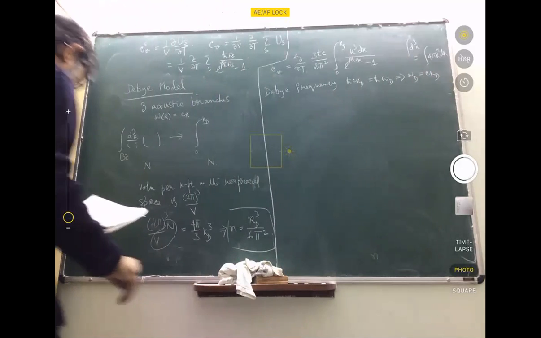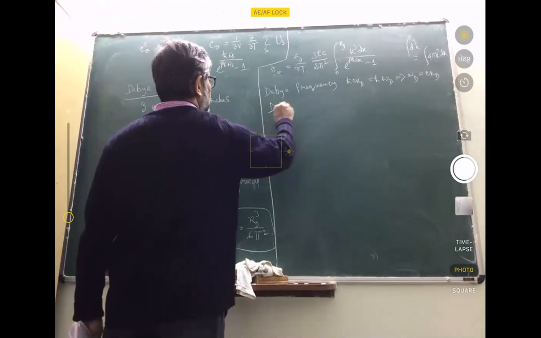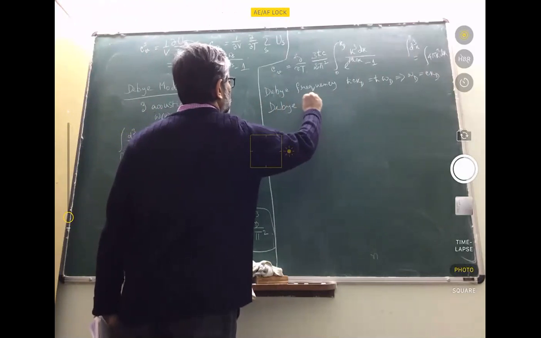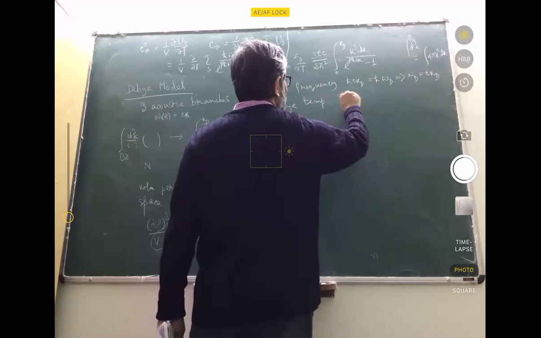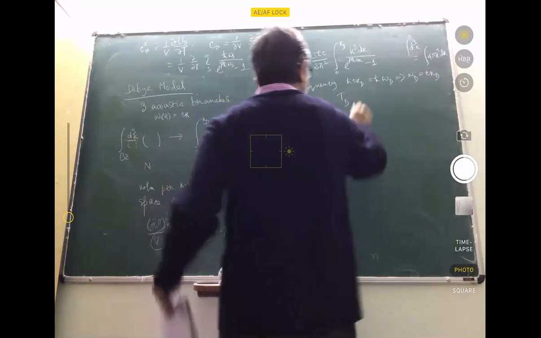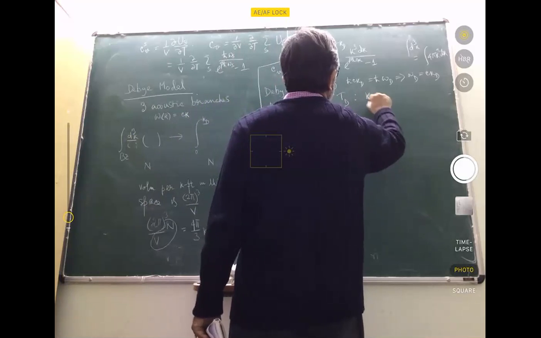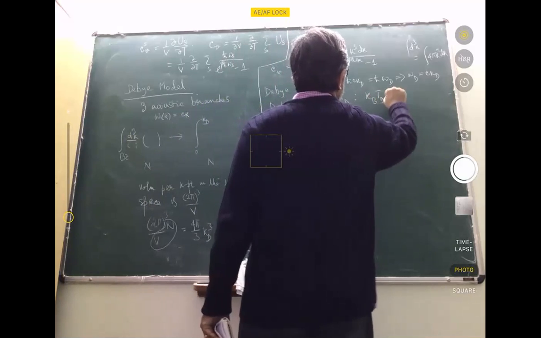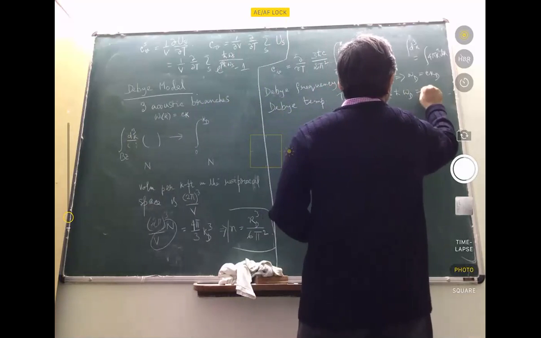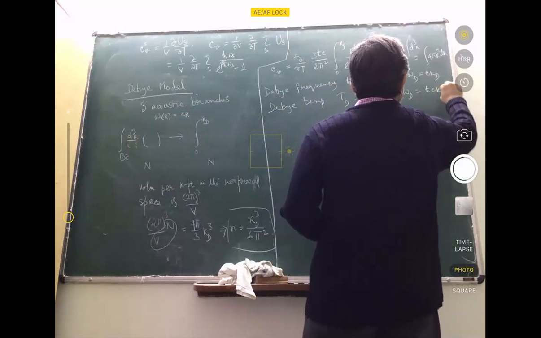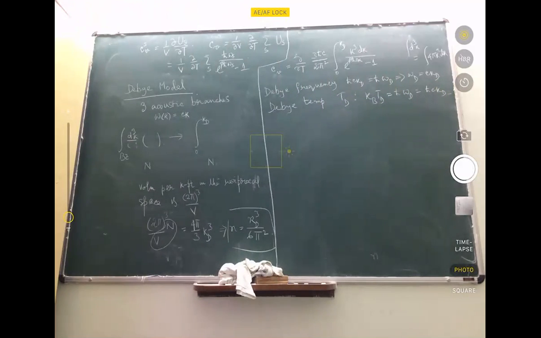One also defines a Debye temperature, I'll write it as T_D, which is h cross omega_D over k_B. So that obviously defines a temperature scale corresponding to the highest frequency phonons considered in the model.